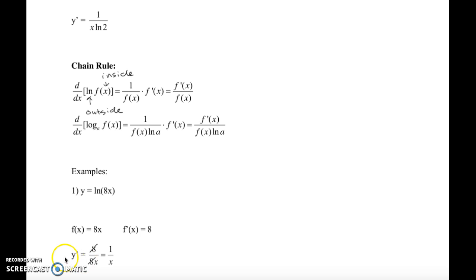So we have y prime is equal to the derivative of the top over the bottom. And that's actually, the 8's are going to cancel in this case, so this just gives us 1 over x. So having a constant in front of the x does not change our derivative at all in this case.